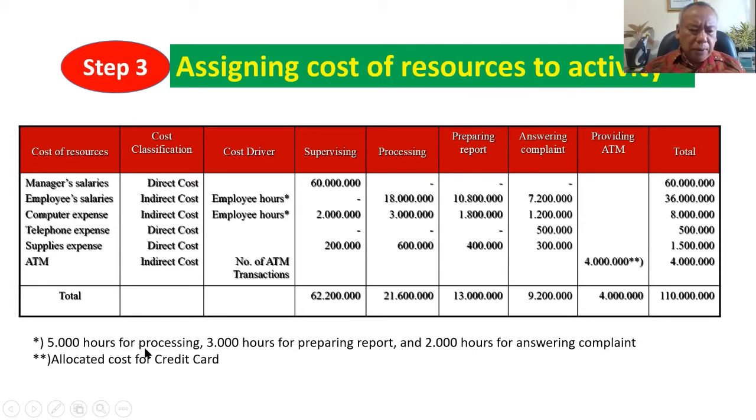While processing the transaction, 5,000 hours is 50%. Preparing report is 30%, and answering complaint is 20%.